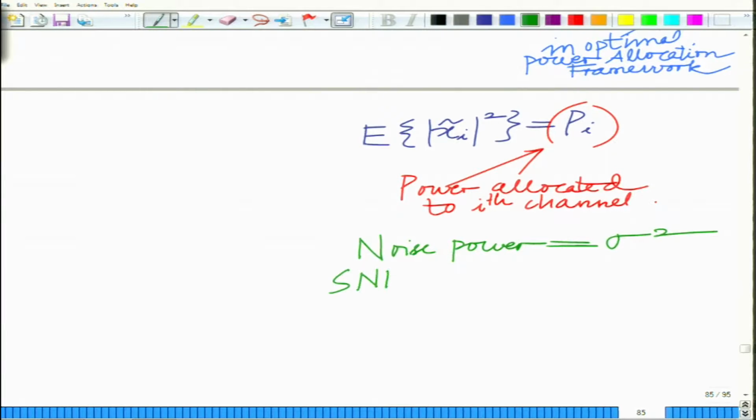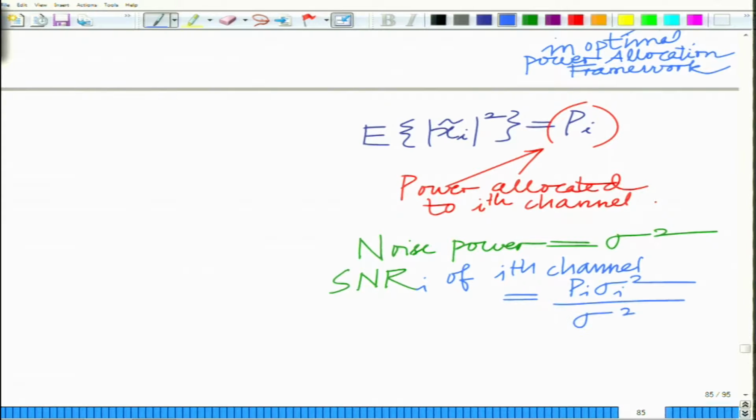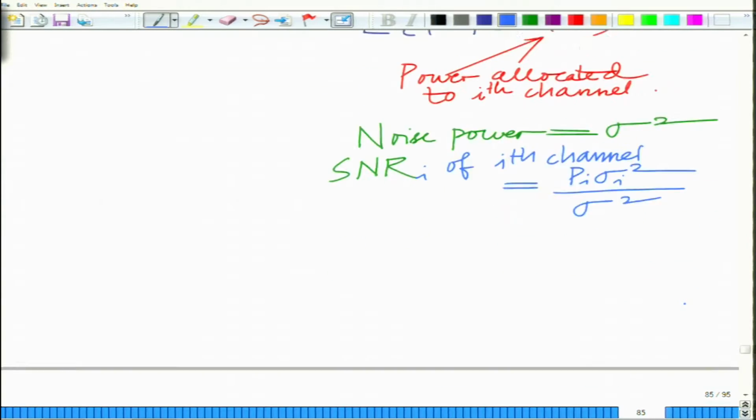Now, therefore, the SNR of the ith channel equals Pi alpha i, which is sigma i square, divided by sigma square.